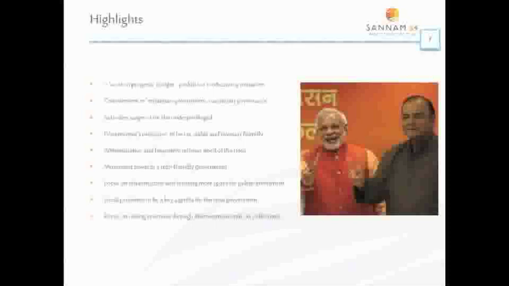Another highlight is that administrative and legislative reforms are the need of the hour. There is a movement towards a tax-friendly, technology-friendly government. The government is now moving toward the internet platform. Government websites kept not working, even before the election and just after; the Indian Company House, the ROC website, was not working for a month.